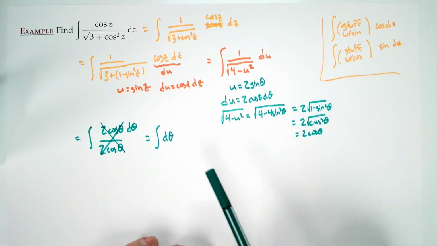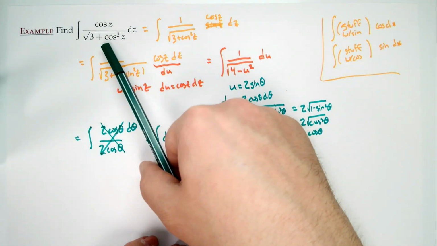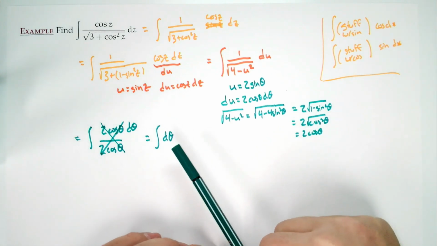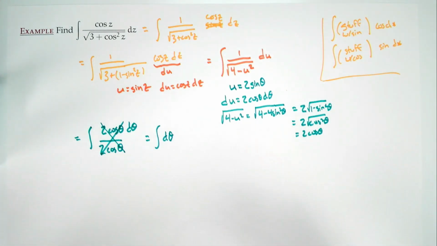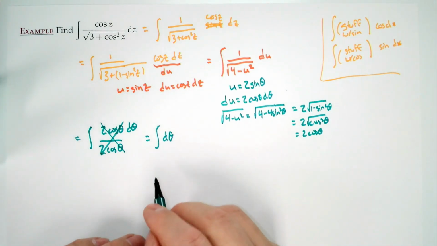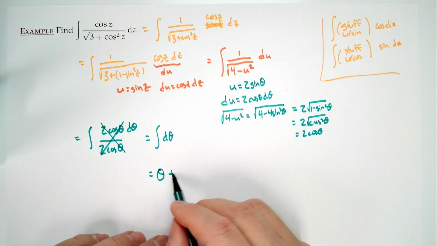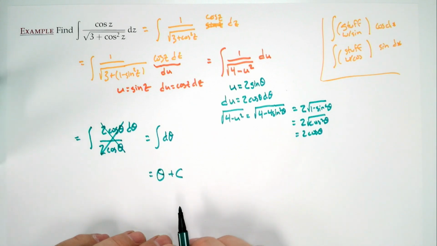And now you'll agree that we started with this integral. This was simpler, but this, wow, really, you can't get simpler. Amazing, so good we can integrate. That's theta plus c.